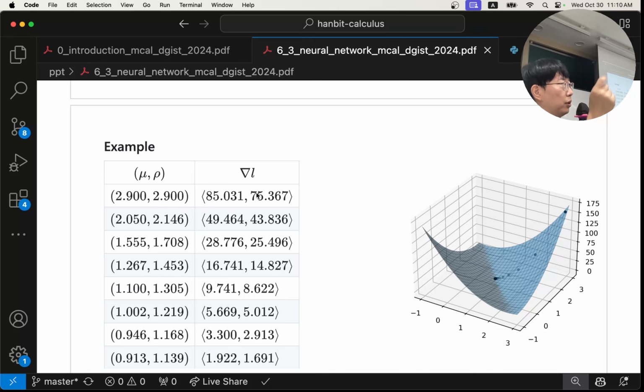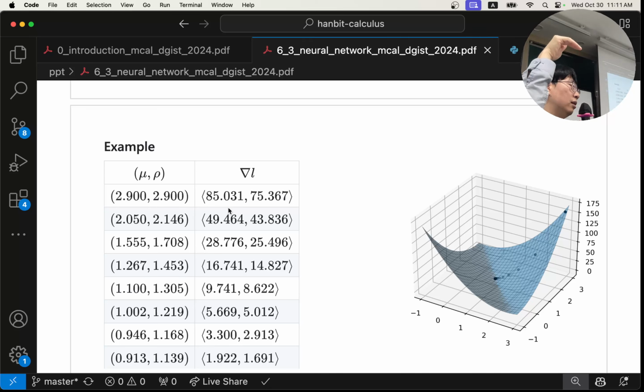So you're not going to just move your point 2.9, 2.9 by this much, but you have to rescale your gradient by a small number, taking a scalar product of a small number with the gradient, so that you can move your 2.9, 2.9 a small bit. After all, what we need is the direction in which we have to move our point, not how far we have to move.